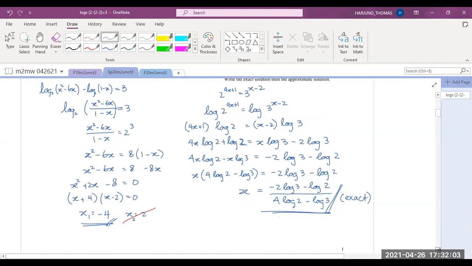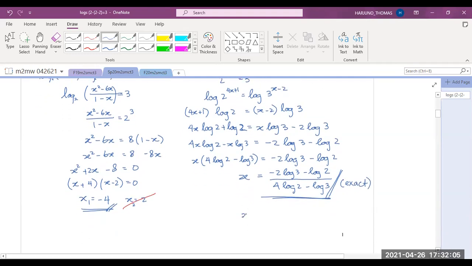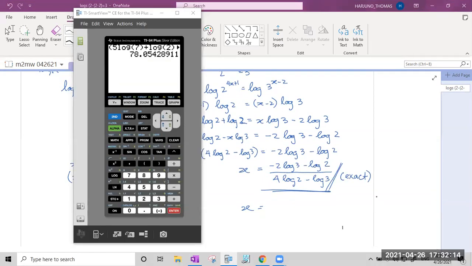Now then, let's see what that will be as an approximate solution. Let me show you how I will type it again. You see that we have numerator and denominator, right? So the first parenthesis will be for the numerator. Negative 2 log 3, close that log 3, minus log 2, close that log 2, and then close the numerator.